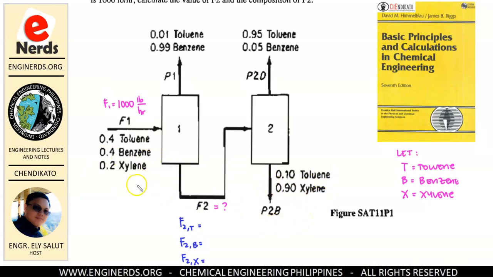So, therefore, lahat ng ating xylene dito sa ating F1 will be exiting here sa P2B. So, the amount of xylene in our F1 will be equal to the amount of xylene here in our P2B. So, that will help us to determine how much P2B we have in our system.